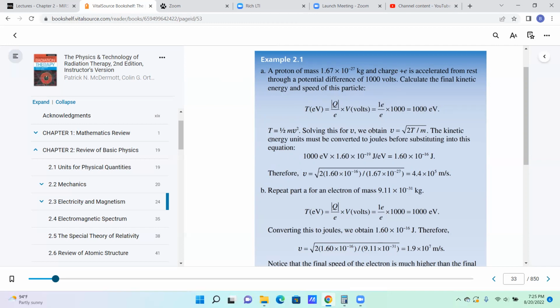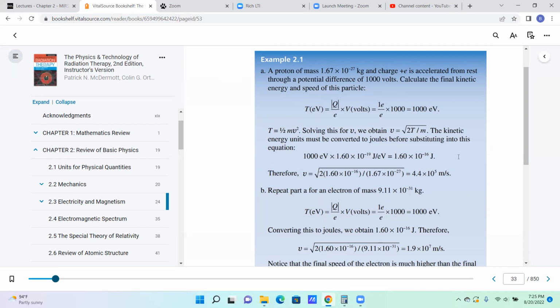We also know that the kinetic energy can be described as 1/2 times m times v squared. When we solve for v, we come up with this equation: velocity is equal to the square root of 2 times the kinetic energy divided by the mass. Kinetic energy units must be converted to joules before substituting into this equation.